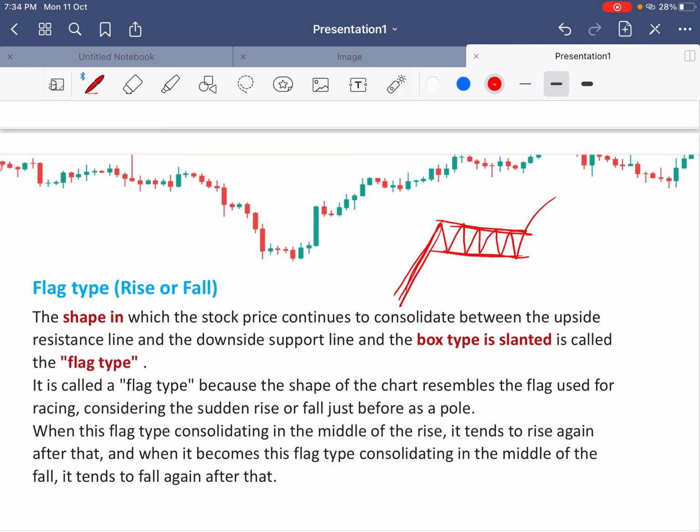If the trend is entering this flag pattern, there is a possibility that it might tend toward a bullish trade in the coming trading session. And for the reverse, or you can say in a bearish trend, we can draw it like this.